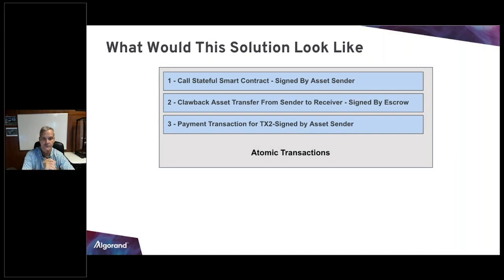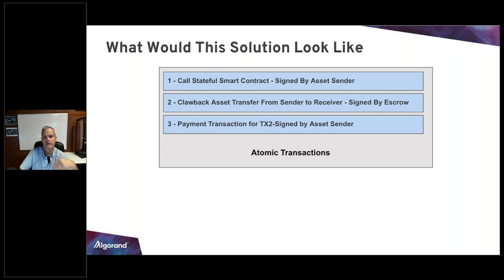You got a call to the stateful smart contract saying, hey, is it okay to transfer this asset? And that's signed by Alice. You got a second transaction from the clawback, an asset transfer from the sender to receiver, and it's signed by the escrow logic. And then the third transaction is a transaction to pay for the second transaction's transaction fees. That's also signed by Alice. So that's the solution that I'm going to go through today.